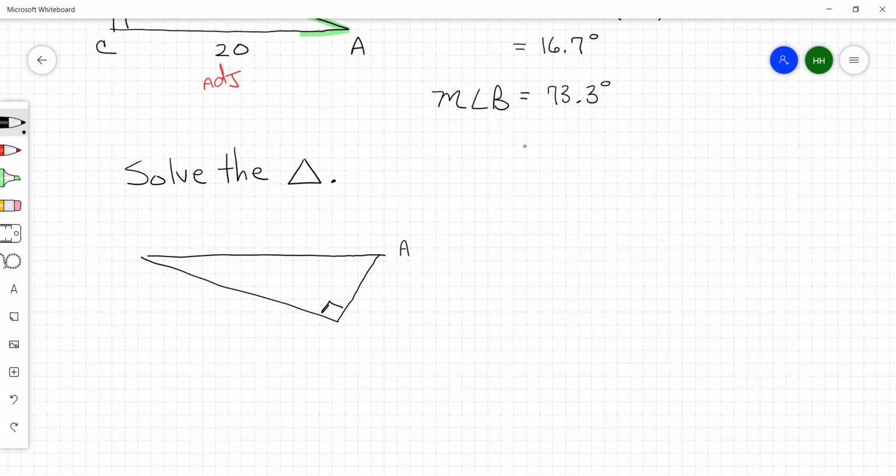So here's our triangle, ABC. We've got a hypotenuse of 15, and we have a side AC of 3. I'm going to find angle A first.